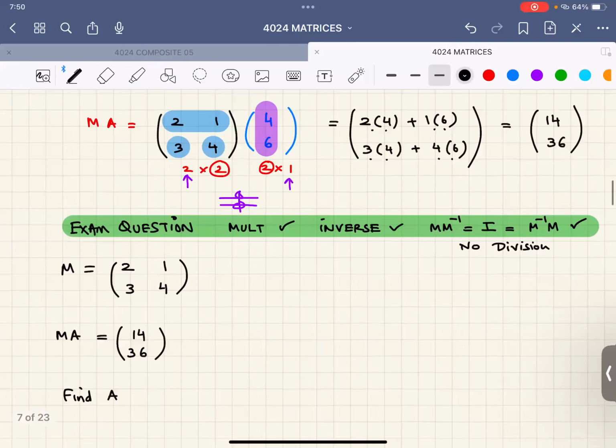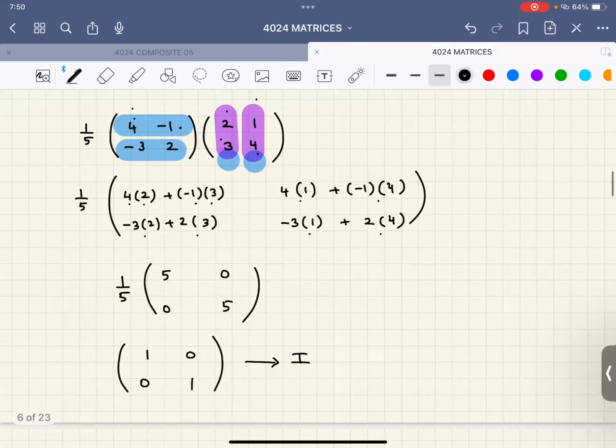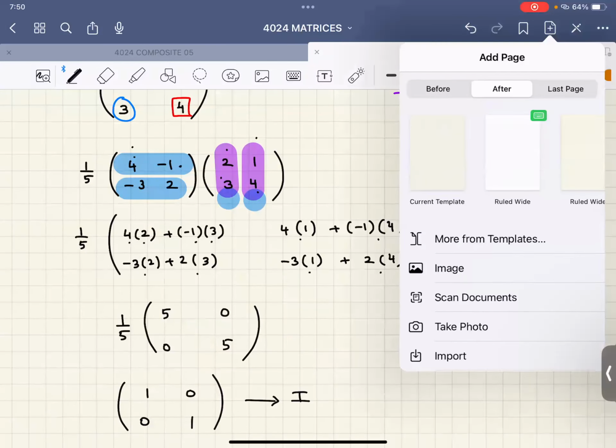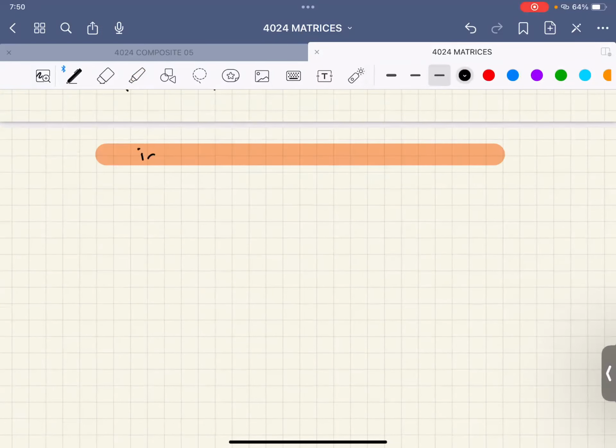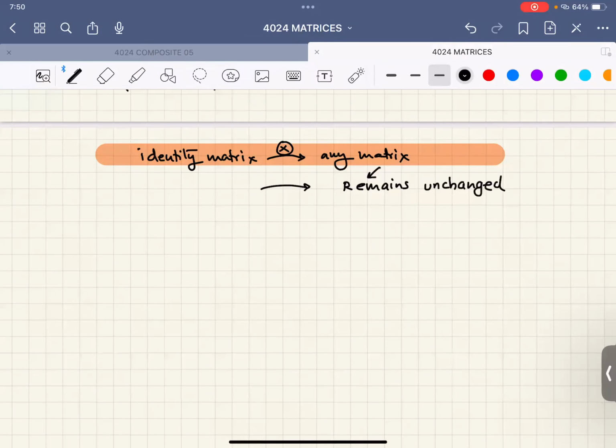And identity matrix multiplying with any matrix, if multiplication is possible, the matrix remains unchanged. Now, that is something very important.